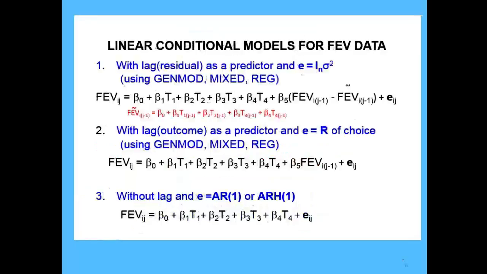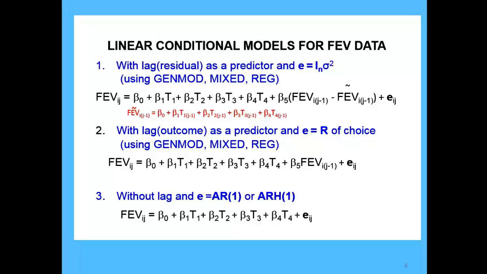So what I've done here is I've now considered the FEV data set. I'm going to illustrate how to do the lagged residual, how to do the programming code. I'm going to show you the code, and then I'm going to stop. I'm not going to show you the output. Now this is the FEV data set where, when we talked about it, we didn't use a conditional model.